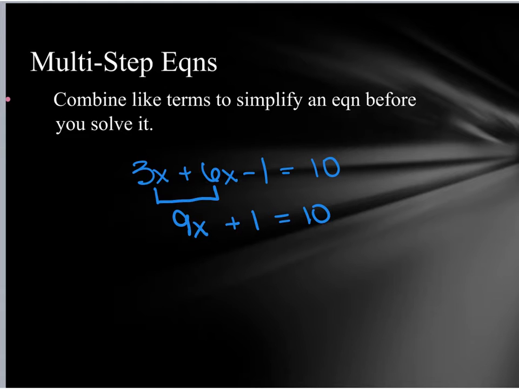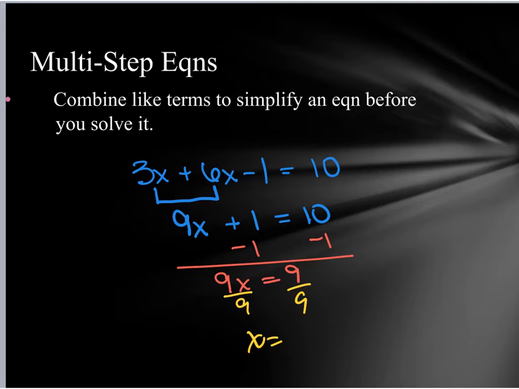That cleans things up a little bit, and now I'm down to my two-step equation where I can subtract 1 from both sides. That's going to give me 9x equals 9, and then I would divide both sides by 9, and x would equal 1. So combining like terms will help you out tremendously.